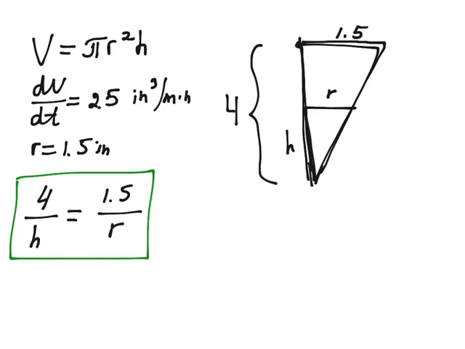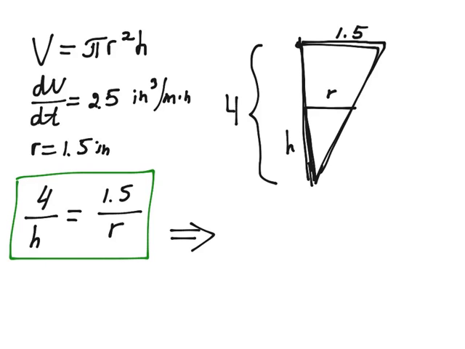And we can solve this proportion for r. We have to. Otherwise, in your volume formula equation, you're going to have two variables, r and h. And then how are you going to find the derivative? It's going to be implicit, and you're not going to have enough information, so you'll get stuck.